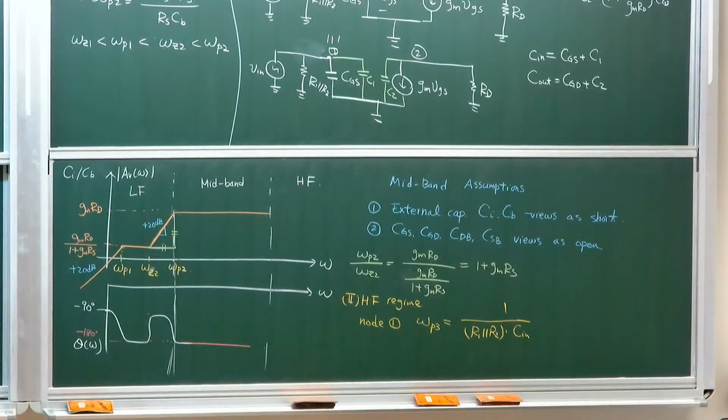As I said, from the input terminal, you actually have CGS plus the amplified CGD.